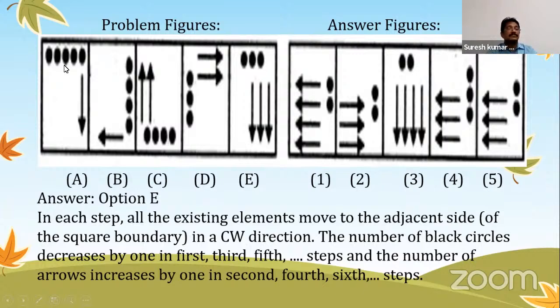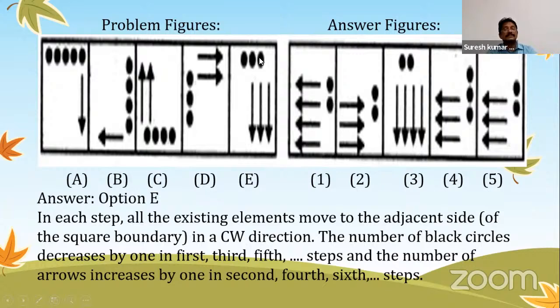Correct? Now observe it. First, there is a decrease in the circles. 5 will be 4. Arrows are the same. Direction is a little bit changed. That we will discuss later. Then arrows increase. Circles will be the same. Dots will be the same. Here, dots decrease.